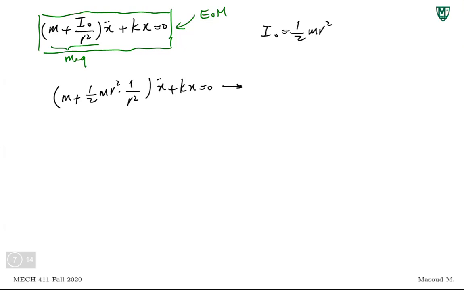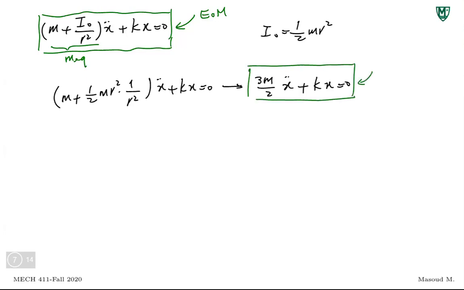This can be even simpler. r squared and r squared cancel out. So it becomes 3m over 2, if I didn't make any mistake, times x double dot plus kx is equal to 0. Let me know if you see something went wrong somewhere.